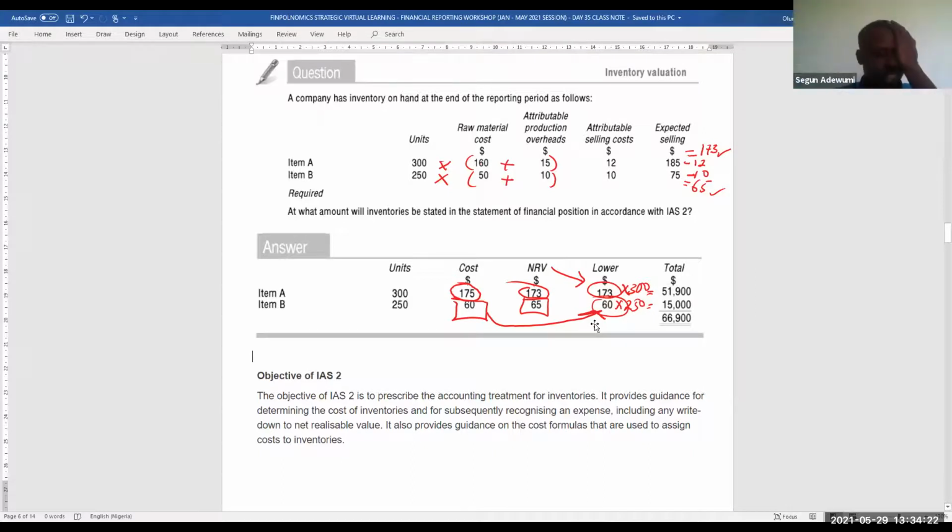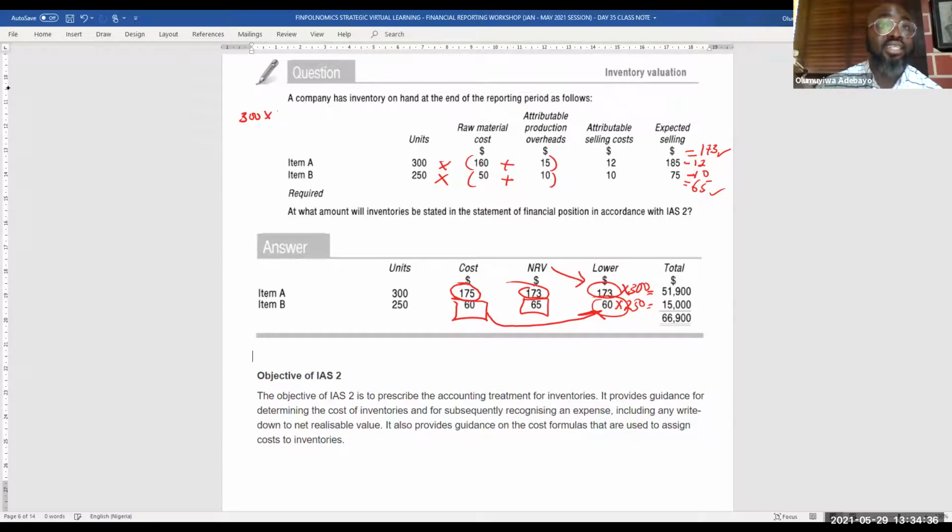No, I just tried it. Same answer. There are laws of arithmetic. 300 times 160 plus 300 times 15 is the same thing as saying 300, which is the common factor, times the sum of 160 and 15. You get the same results. Okay.